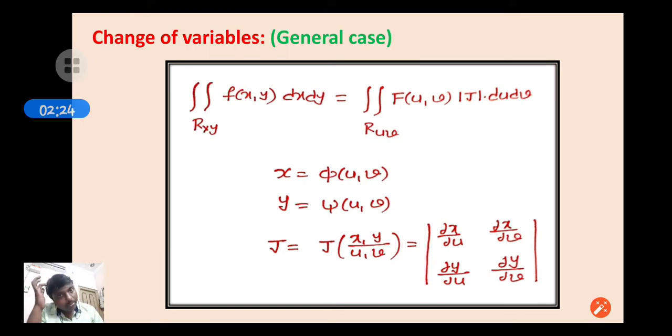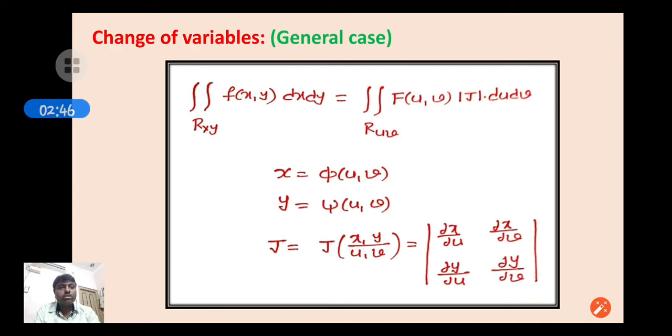With the help of the Jacobian we can calculate J and reproduce it in the function. So this is the way we can change the variables from one set of variables xy to another set of variables uv with the help of a suitable transformation.